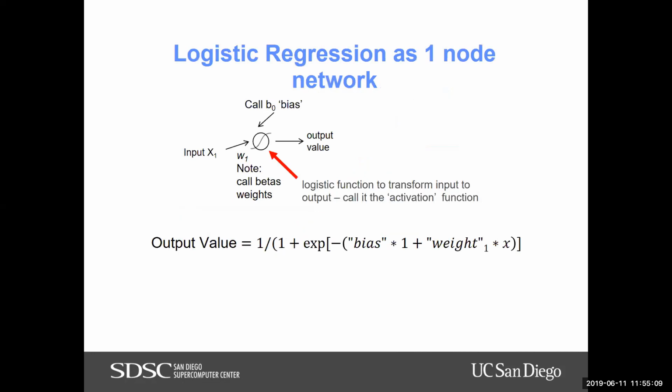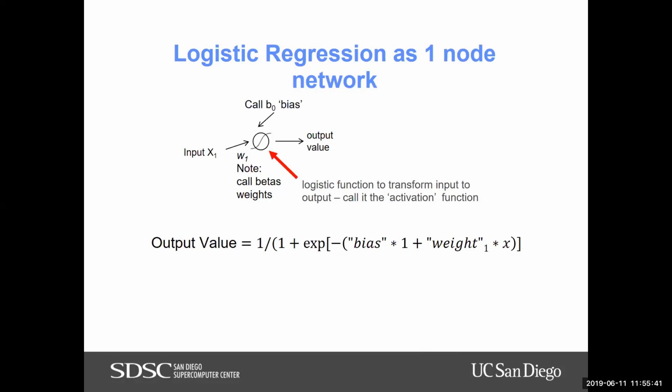And we could take this logistic regression idea and say, well, let's just draw it out as a little network. So here I'm showing you the function where the output value is a function of my input and some bias parameter and some weight parameter. The bias parameter, which used to be just beta 0, and the weight parameter, previously just beta 1.